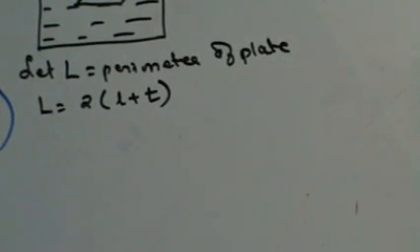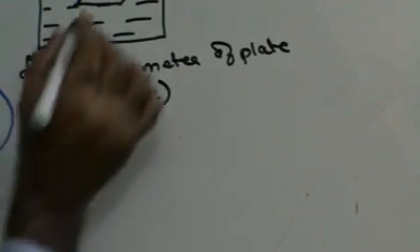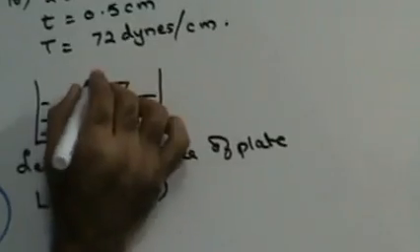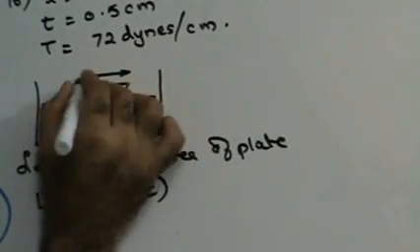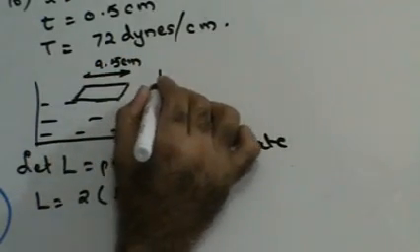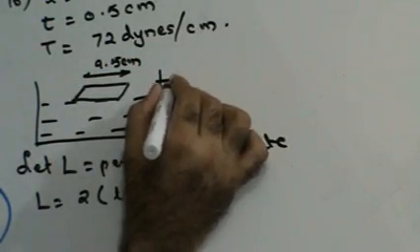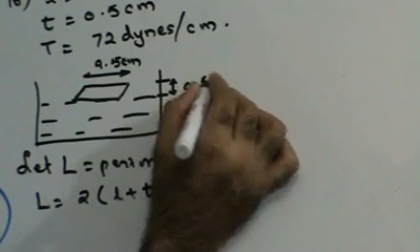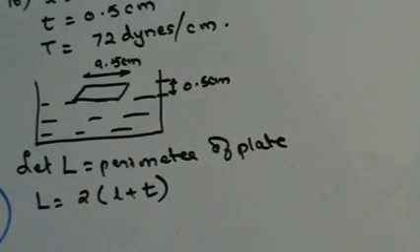Once I know the length of the plate which is in contact with the water surface, if you want, I'll show it to you. Understand this concept please, people: this is 9.5 centimeters and this thickness is 0.5 centimeters. So this will be the entire length that is going to be in contact with the water surface.